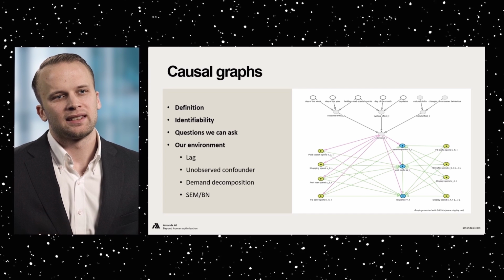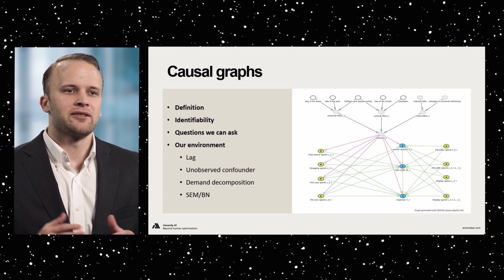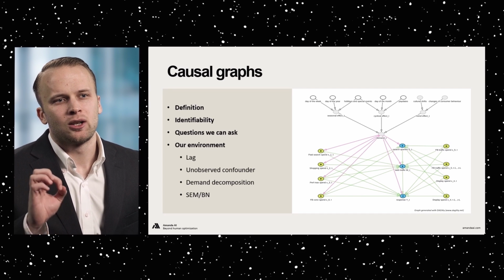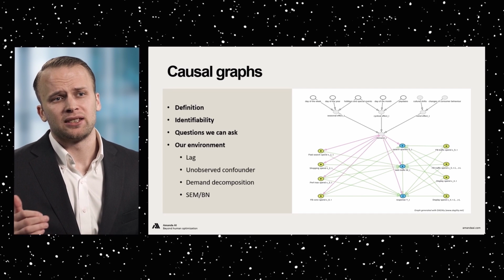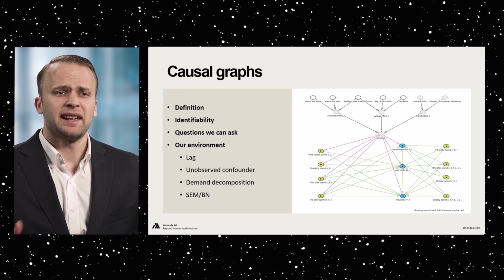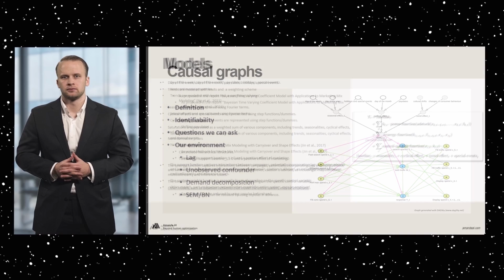We also notice that the underlying demand affects all the endogenous variables to the system. Thus, if we set up a structural equation model or Bayesian network of this recursive structure, our estimate of, for example, web traffic on sales will be biased due to this unobserved confounder, demand.